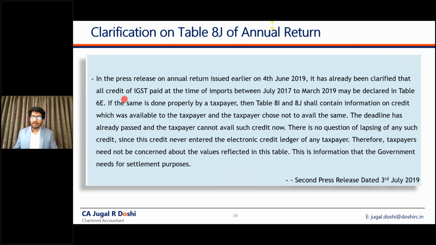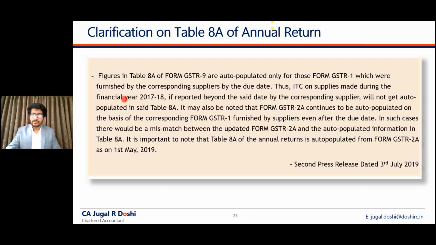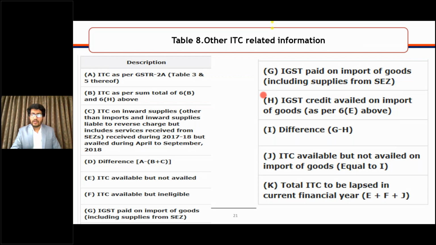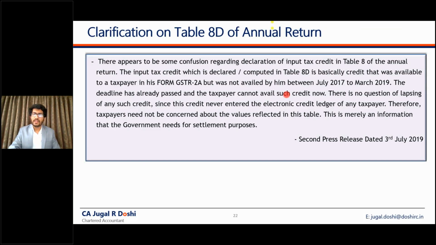There is no separate table for imports which are claimed in next year, and hence it is also clarified that even if you have claimed the imports in next year, you include it in table 8H only. Though table 8H requires ITC availed on import of goods during the financial year, you include even ITC claimed in next year because there is no separate column in GSTR 9.